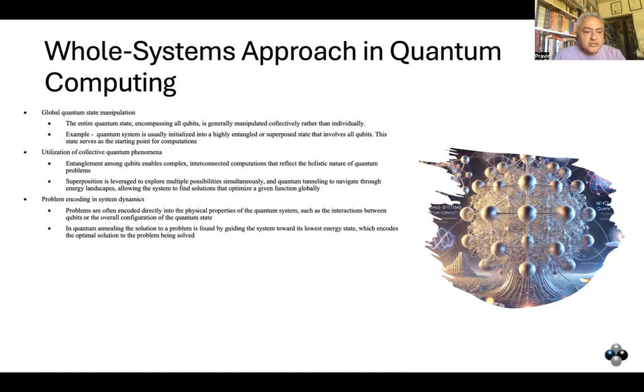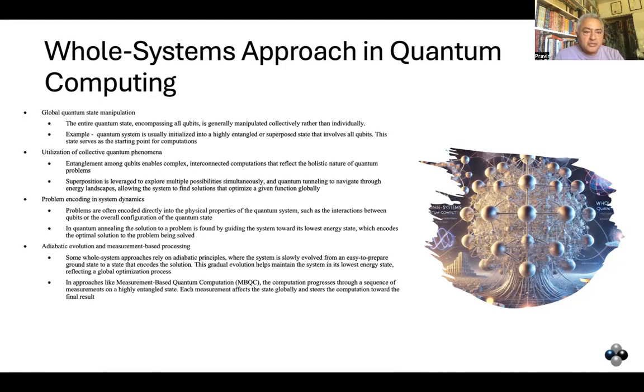Then we have this feature of encoding a problem in system dynamics. And this is where the problem is directly encoded into the physical properties of the quantum system. And then, using the example of quantum annealing, a solution to that problem is generally found by guiding the system towards its lowest energy state, but it's a whole system as opposed to individual qubits.